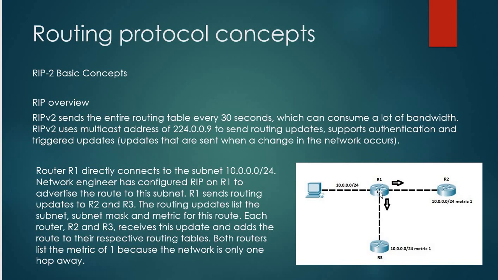R1 sends routing updates to R2. The routing update lists the subnet masks and metrics for the routes. Router 2 and router 3 receive this update and add the routes to their routing tables. Both routers list the metric of 1 because the network is only one hop away.